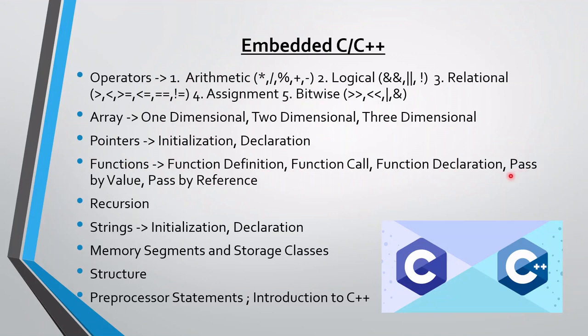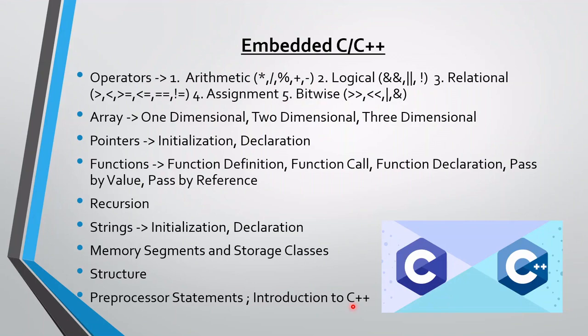We also saw pass by value, pass by reference, then recursion, strings, that is initialization and declaration, memory segments, and storage classes. Lastly we saw structures, and preprocessor statements like stdio.h, conio.h, etc. And also about C++.